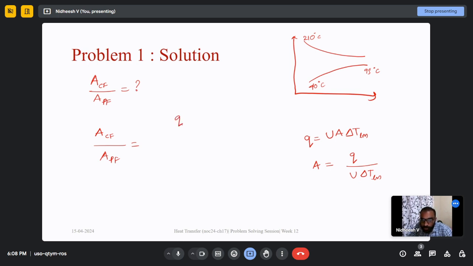That is, Q for the counterflow heat exchanger divided by U for the counterflow heat exchanger and delta T LM for the counterflow heat exchanger, divided by Q for the parallel flow heat exchanger divided by the overall heat transfer coefficient for the parallel flow heat exchanger into delta T log mean temperature difference for the parallel flow heat exchanger. Is it clear up to this point?